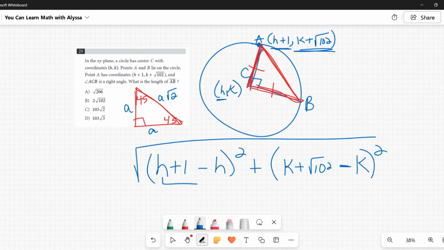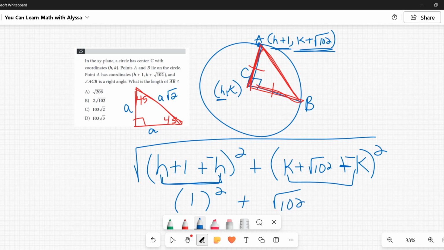First, h minus h, because we can view this as h plus a negative h, cancels out, leaving just 1, and 1 squared. Then k and a negative k cancel out, so I just have square root of 102 squared, and all of this is square rooted.